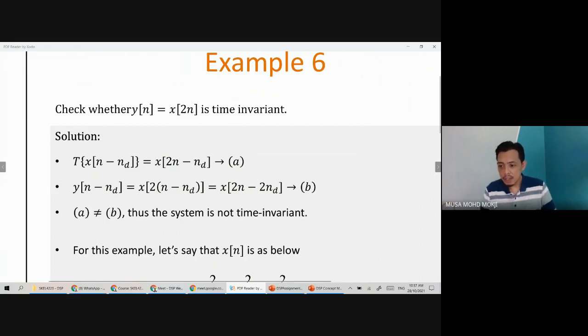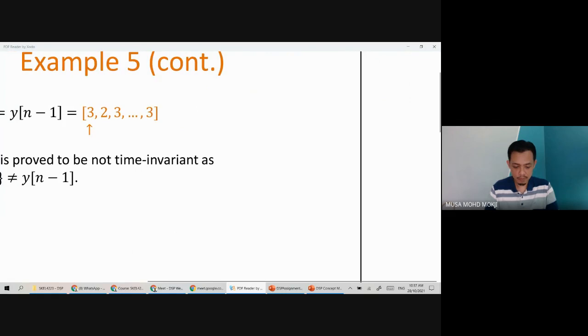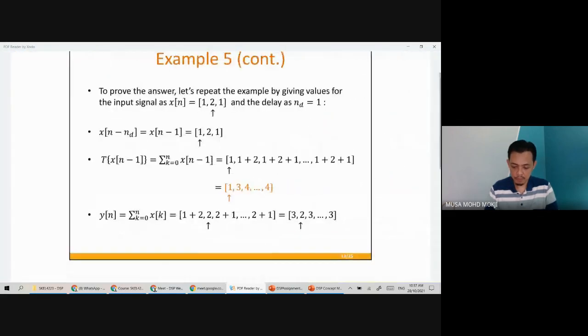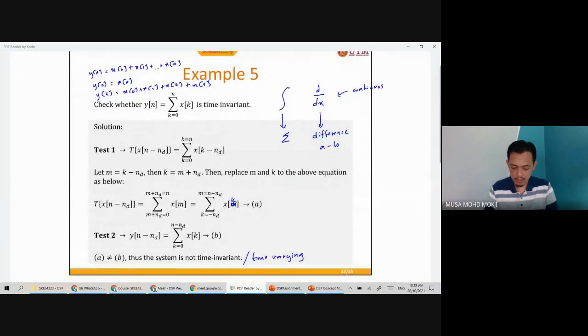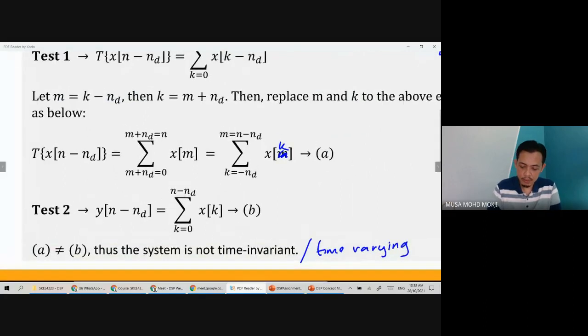Doctor, on the upper n, why is it not k equals to n? Let me go back to that equation, because sometimes I make typing errors. Yes, you're right.